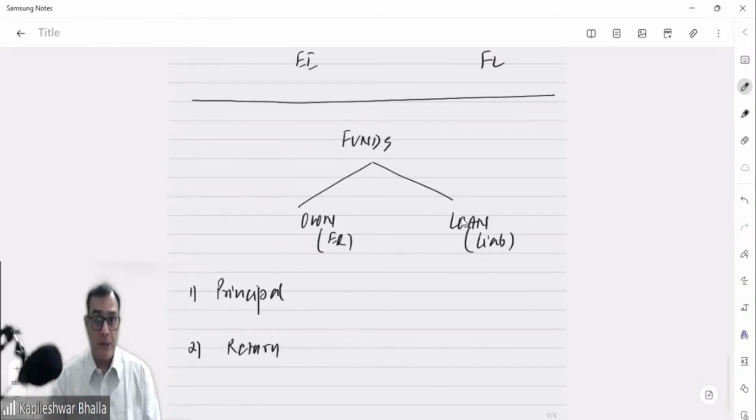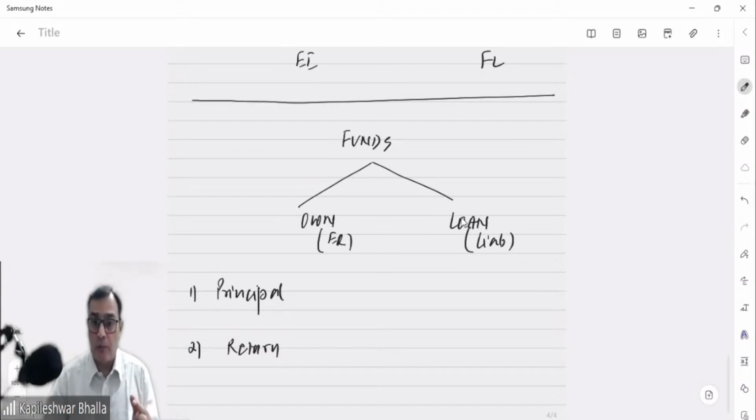So there are two elements considered in distinguishing whether it's an own fund or a loan fund. You would remember, we were given this concept in school itself: if you borrow funds, I have a contractual obligation to pay the principal back, and I have an obligation to pay the interest on that principal money as well.